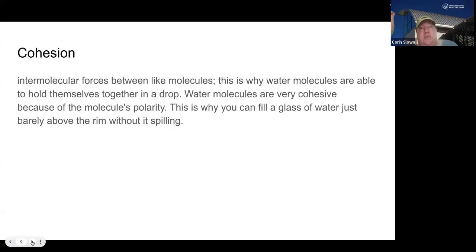And if you've ever tried the experiment of filling a glass of water above the brim, you can fill it just barely above the brim without spilling, again, because of this property of cohesion. Cohesion is also the reason why you can essentially transport water molecules up systems like roots.